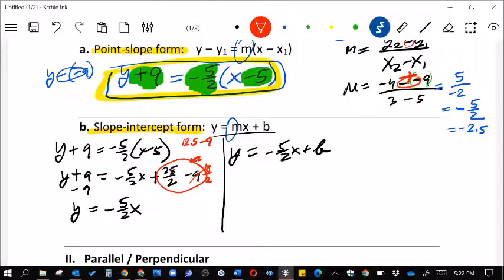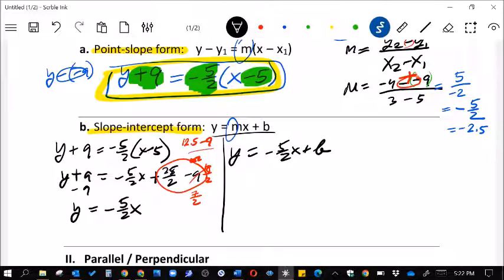And 12.5 take away 9 would be 3.5. Let's see what happens if we do it this way. 25 minus 18 is a 7 on top, and the denominators stay the same. So 2 goes into 7 3 times, so it's 3.5. Well, 3.5 is what I just figured out for that.